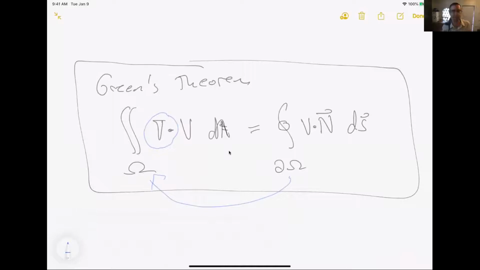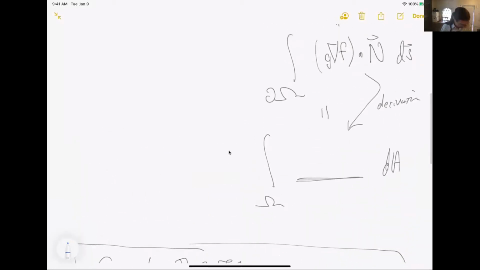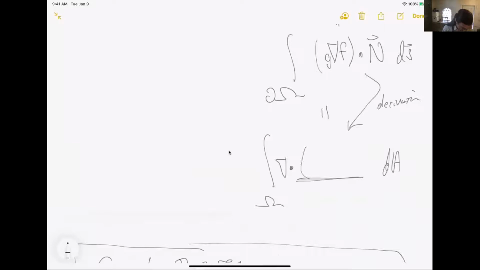And the answer is take the divergence. So if I apply that up here, what I'm seeing is the divergence of G times the gradient of F. That's just Green's theorem straight out of your old vector calculus books.